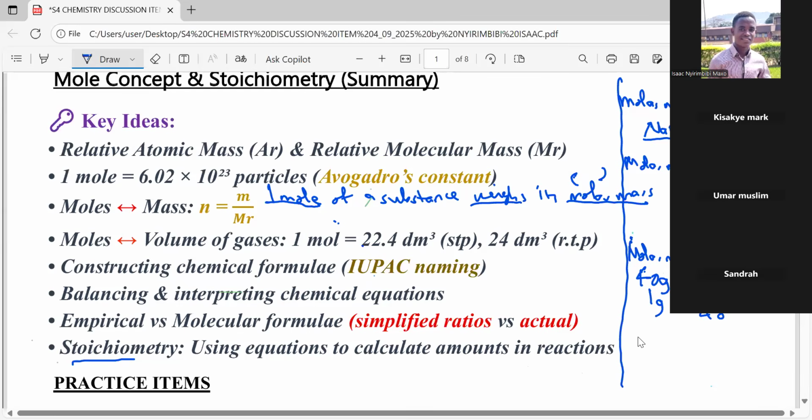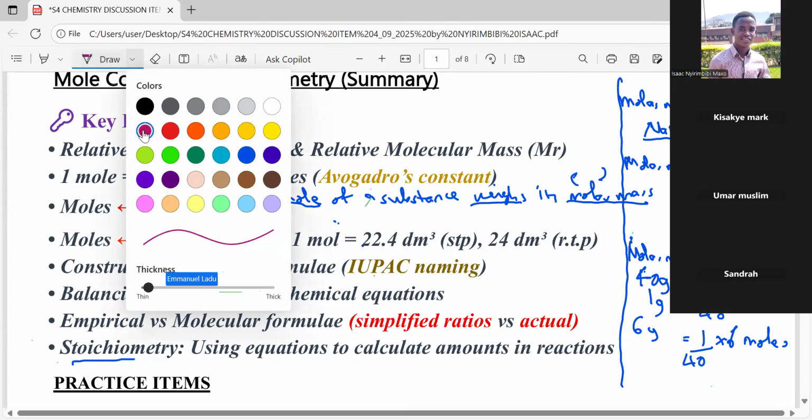What about the mass they gave us? It is 6 grams. So if 1 gram contains 1 over 40 moles, what will 6 grams contain? 1 over 40 times 6, which is 6 over 40 moles.